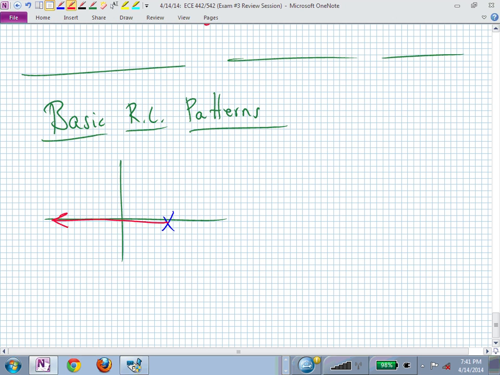Might have to give you a little bit more information. Not only will I have to tell you where this pole is, but also maybe the numerator coefficient in the transfer function. And then you can look at the gain that would get you to that point right there. The gain to get you to that point is the biggest gain you better put into your system. That's assuming that this X is inside the unit circle to begin with.